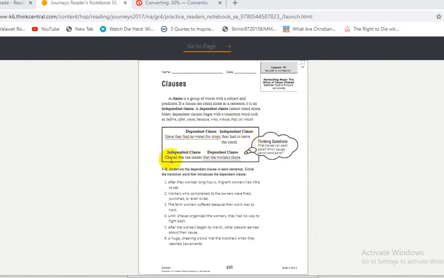Here, Chavez was the leader that the workers chose. Okay, so here we have an independent clause, which is Chavez was the leader, right? And the dependent clause that the workers chose. Chavez was the leader can exist by itself, right?